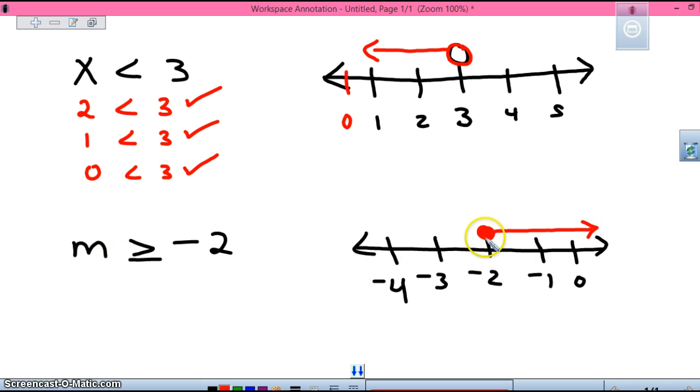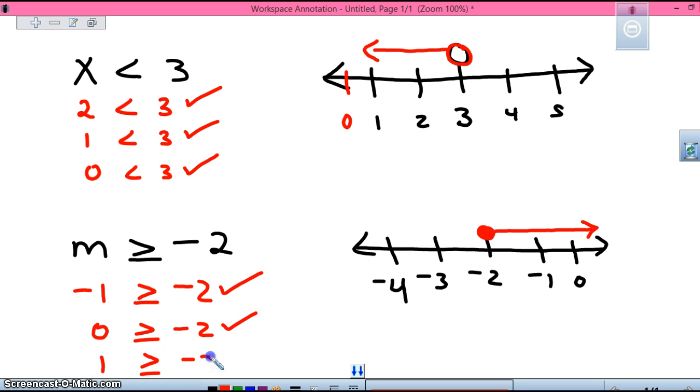Why? Because all the numbers that are -2 or greater make this inequality true. So let's check. Does negative 1 make this inequality true? Negative 1 is greater than negative 2, yes. What about 0? Is 0 greater than negative 2? Would all the positive numbers make this inequality true? Yes.